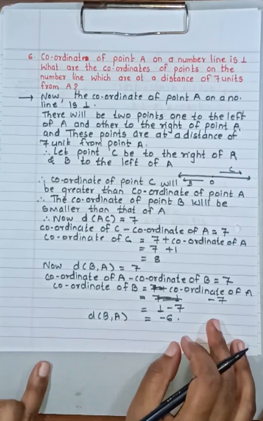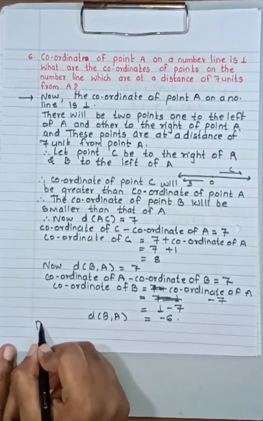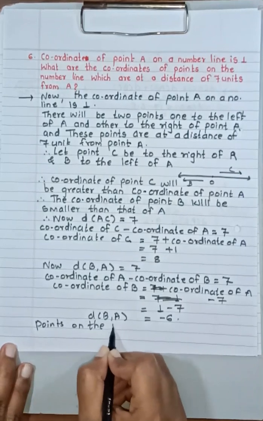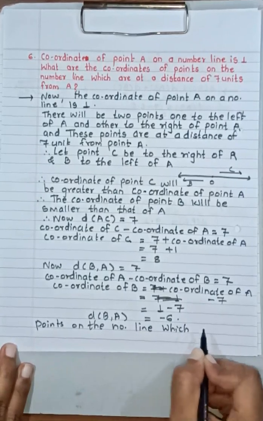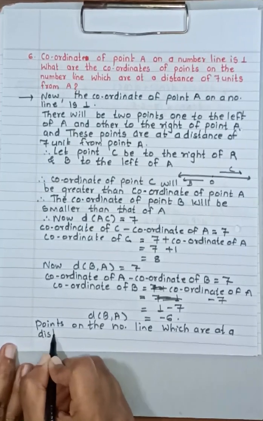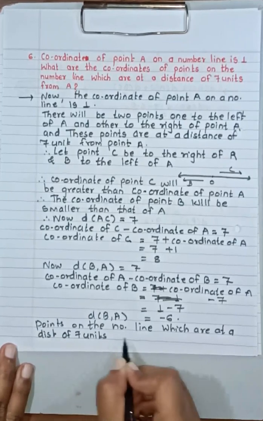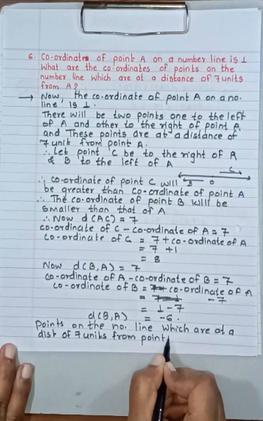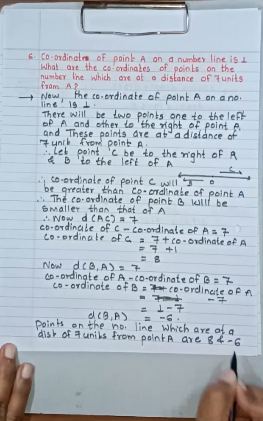Hence you can say that points on the number line which are at a distance of 7 units from point A are 8 and minus 6.